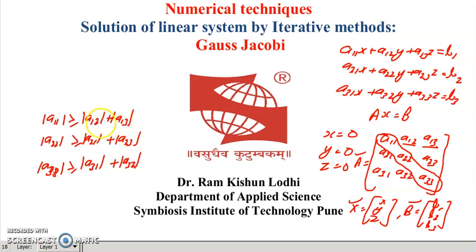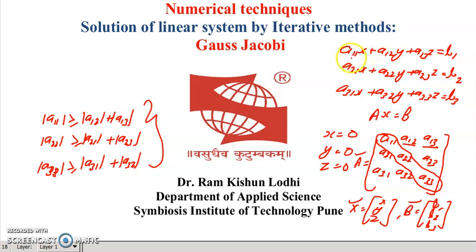If any system of equations satisfies this condition, then we can say that our solution will converge 100%. But you also have to remember it is a sufficient condition, not a necessary condition. Sometimes this condition may not be satisfied, but our solution will still converge.